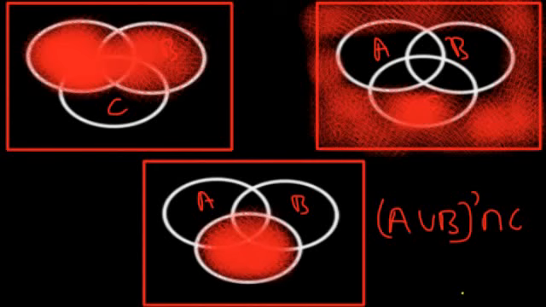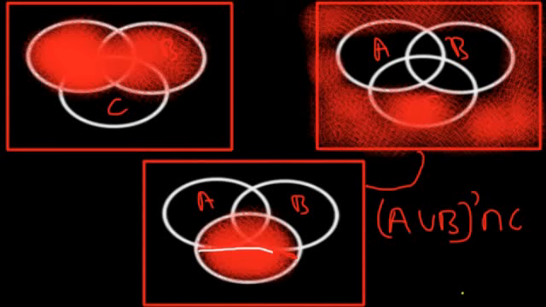Now let's try to figure out if there is any common region being shaded within these two diagrams. Is there any common region being shaded in these two diagrams? It turns out that the little portion of set C over here, or should I use a different pen so that you guys will be able to figure out where I'm trying to mark?